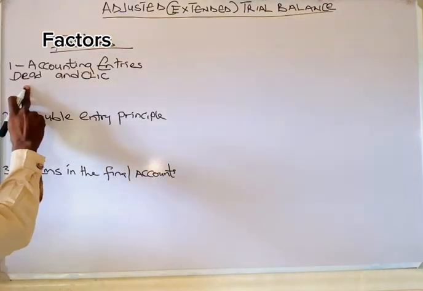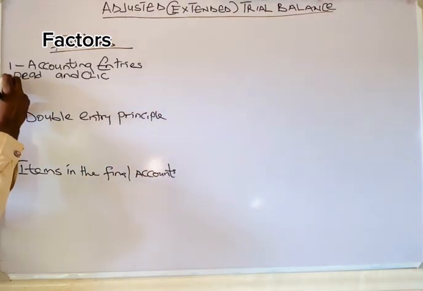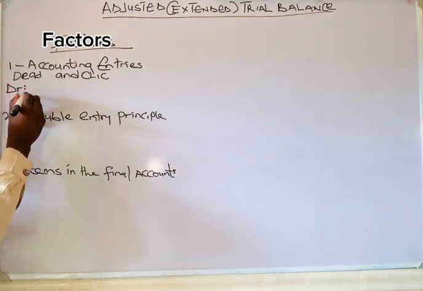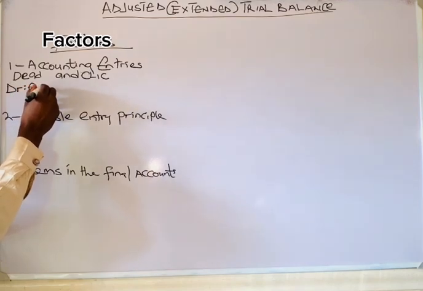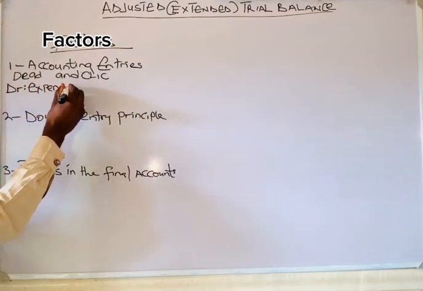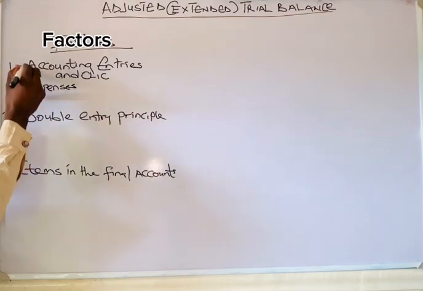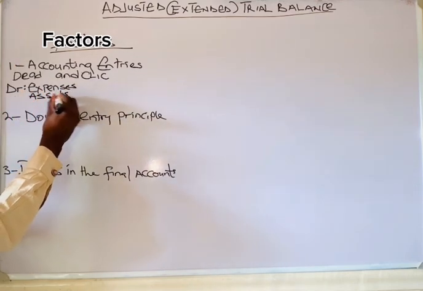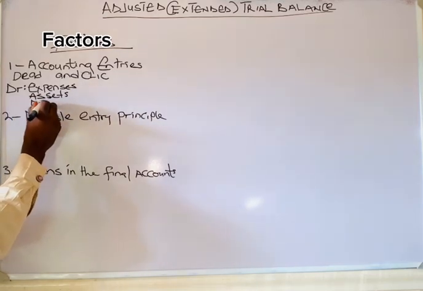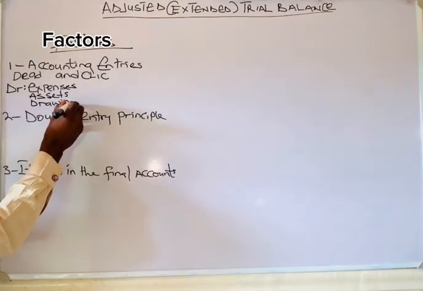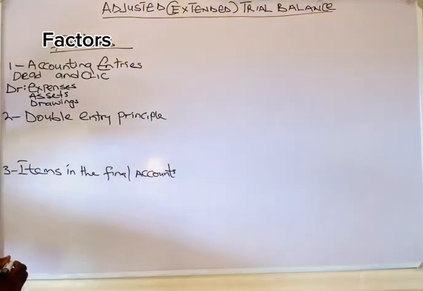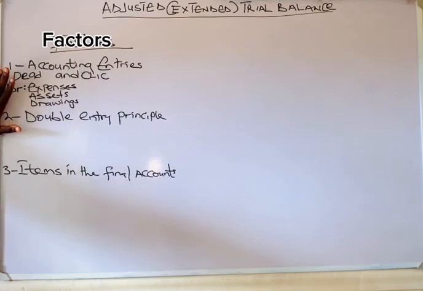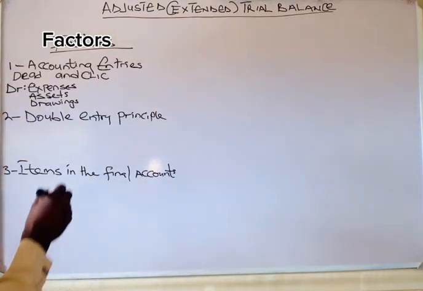In DEBT, the first, capital D, means you debit your expenses, you debit your assets, and you debit your drawings. You will debit your expenses, you will debit your assets, and you will debit your drawings. It will help us when we are adjusting our trial balance.